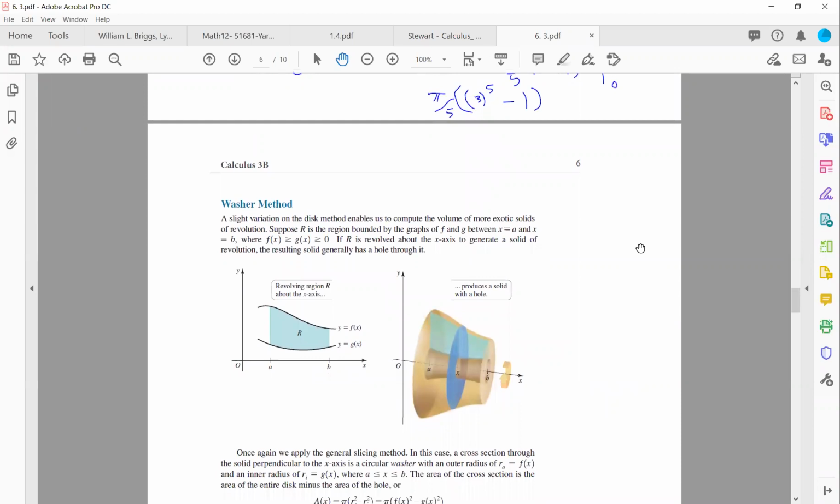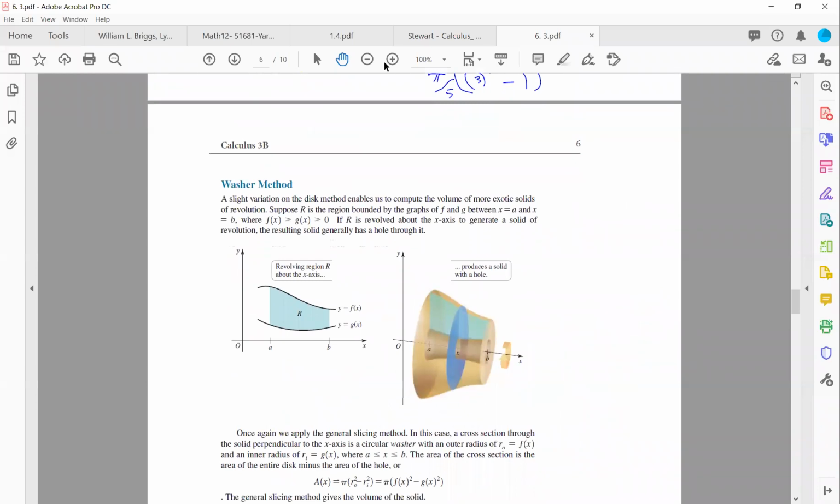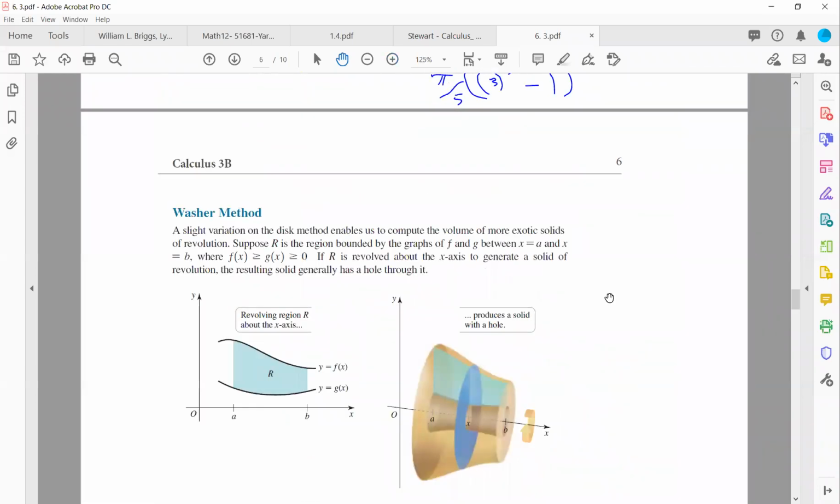Washer method. So I expect you to ask, hey professor, what if we have a region or area bounded between two functions? In this method, we only had one function. What do we do now?